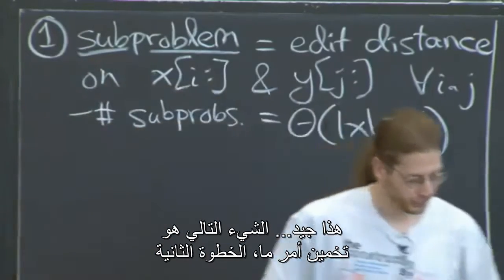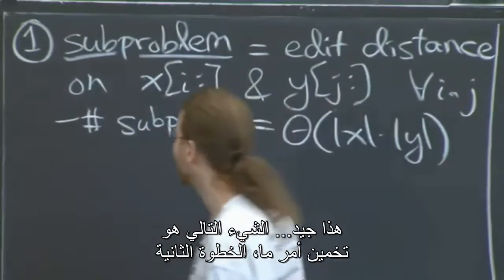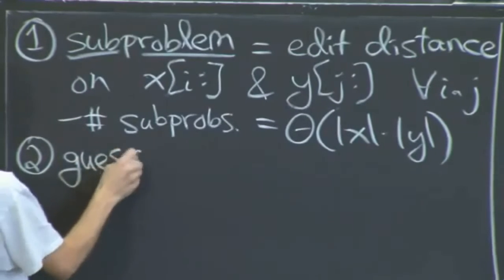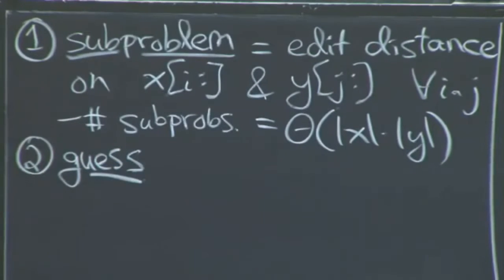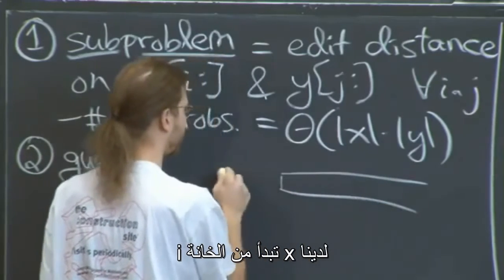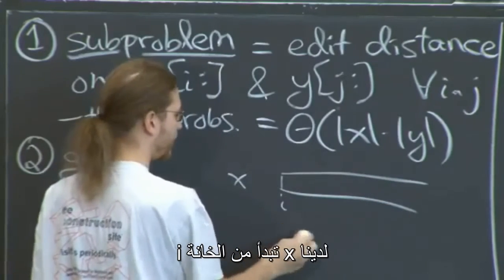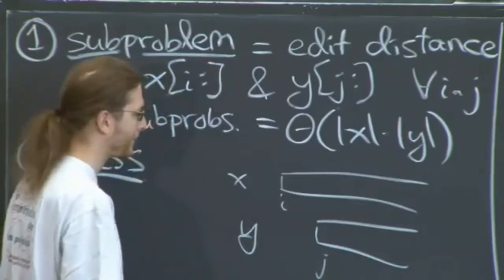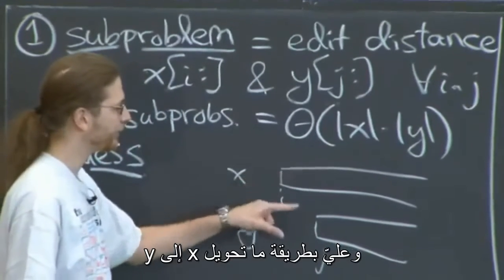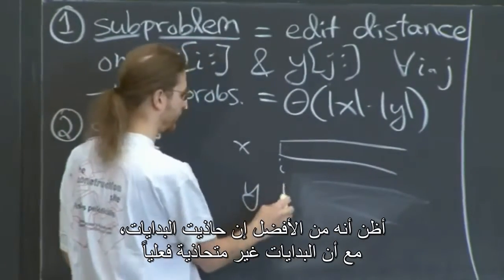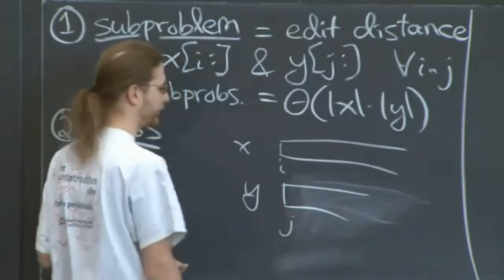Good. So next we need to guess something. Step 2. This is maybe not so obvious. Let's see. Here's x starting at position i. You have y starting at position j. Somehow I need to convert x into y. I think it's probably better if I line these up, even though in some sense they're not lined up. That's OK.